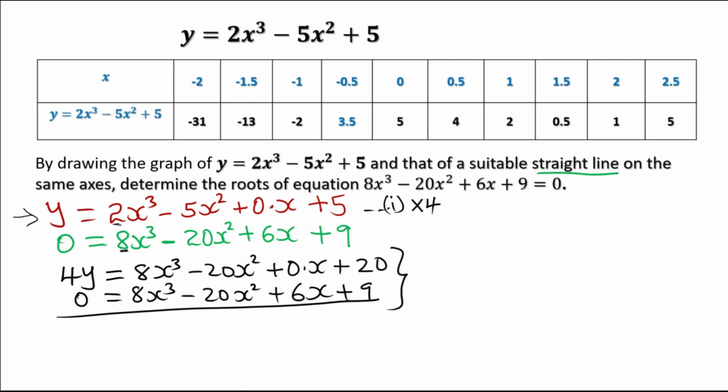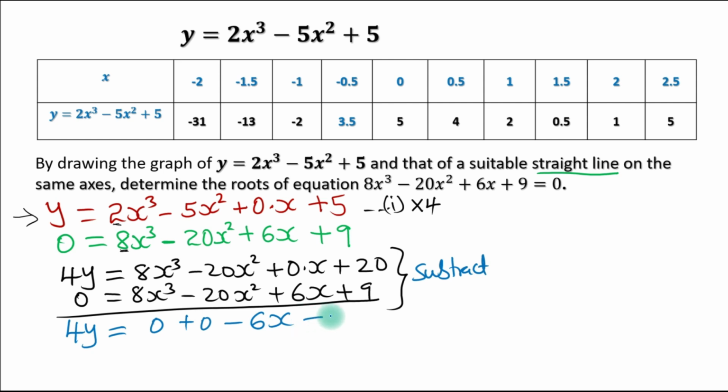Since we need to eliminate the coefficients of x cubed and x squared, we subtract the two equations. For 4y minus 0 is 4y, then minus 20x squared minus 20x squared, we get 0, then 0x minus 6x, we get minus 6x.